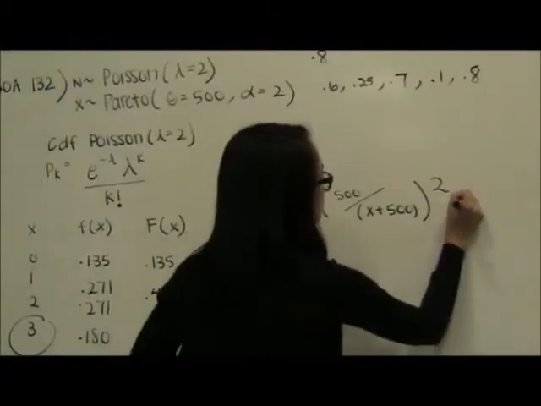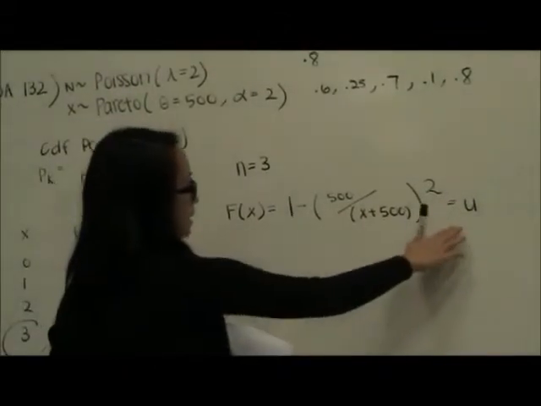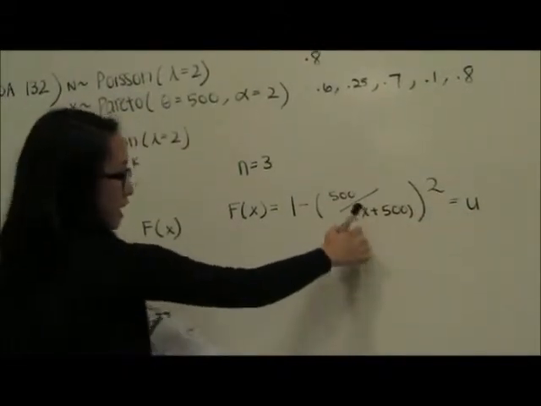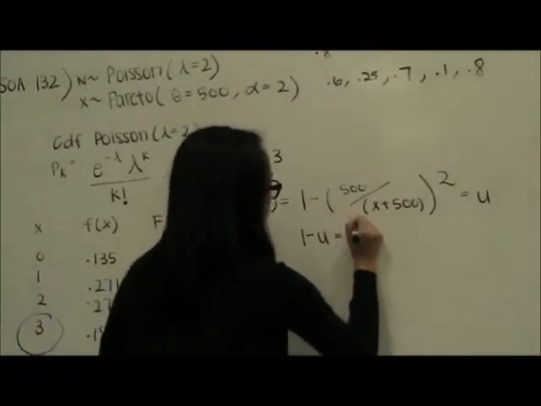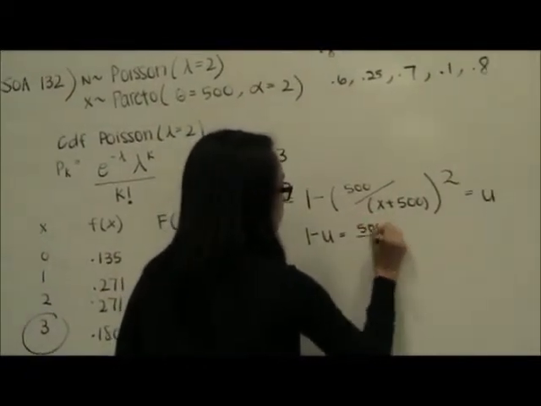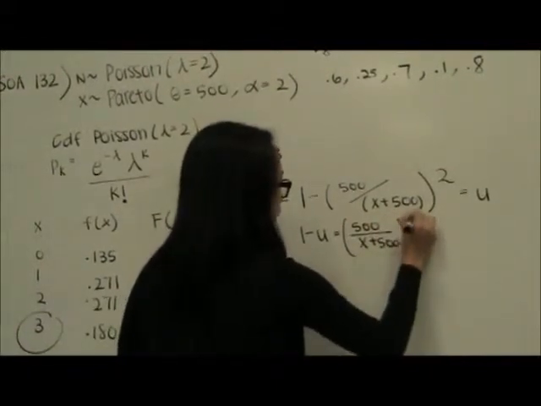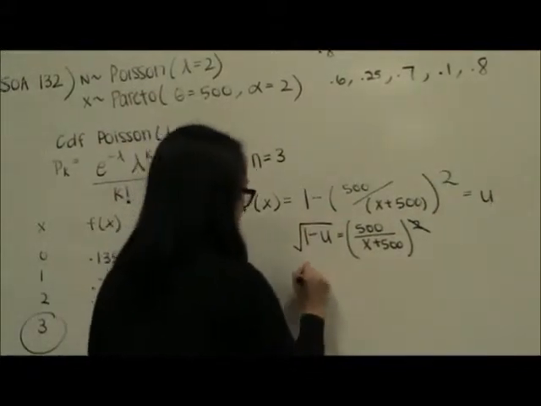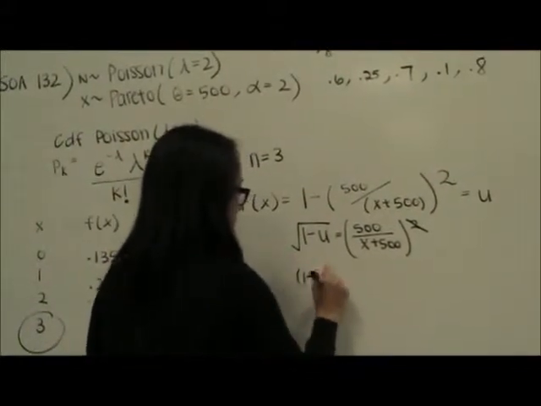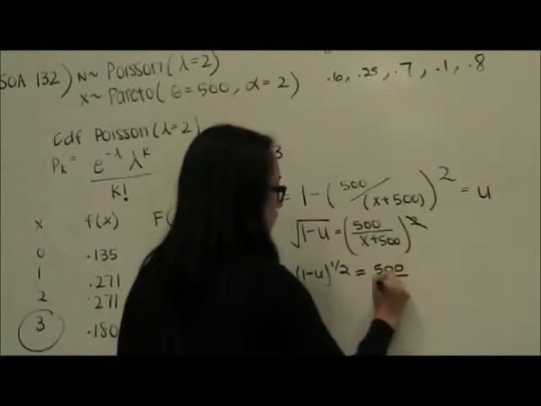And this is equal to u as per the inversion method. So now doing basic algebra to solve for x, you're going to have 1 minus u is equal to 500 over x plus 500 quantity squared. So taking the square root of both sides, you have 1 minus u to the half power is equal to 500 over x plus 500.